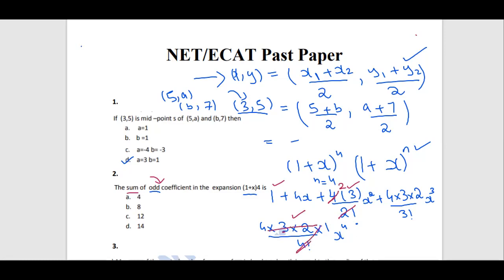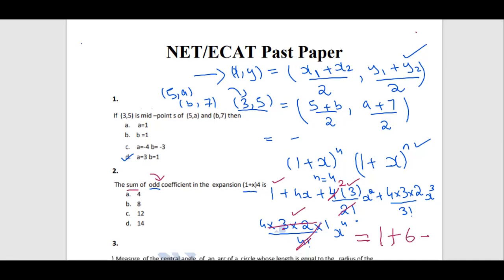So we have 1 plus 2 into 3 is 6, plus the coefficient of x to the 4, that is 1. So this is basically 8.